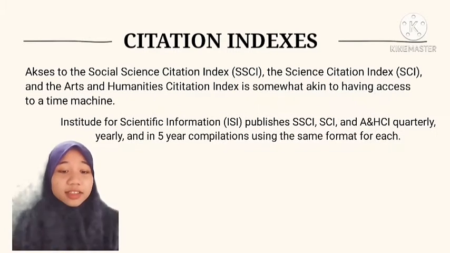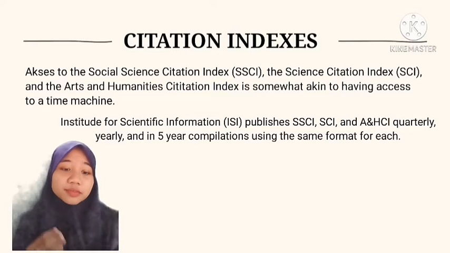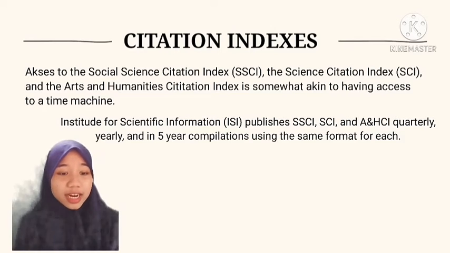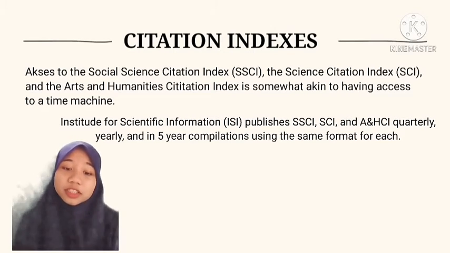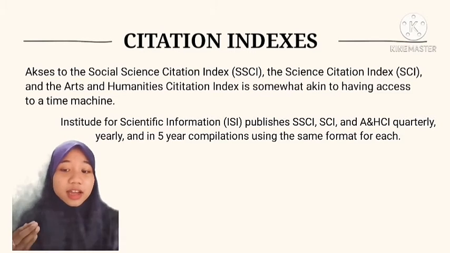The Institute for Science Information publishes SCI and AHCI quarterly, yearly, and in 5-year compilations, using the same format for each. ISI subscribes to all the important journals and somewhat important journals in each of its 3 general areas.